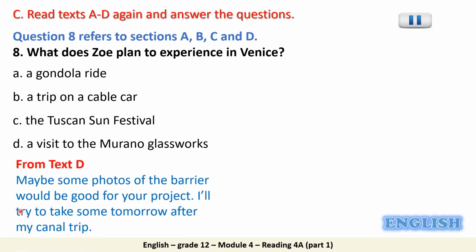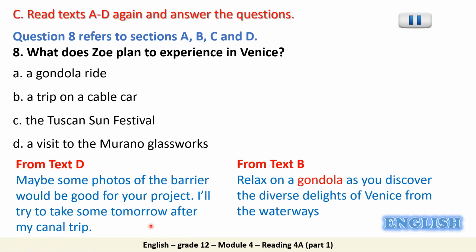Well, these two extracts will help you answer the question. So, the question is asking about Zoe's plans, and in here she says, I will try to take some photos tomorrow after my canal trip.